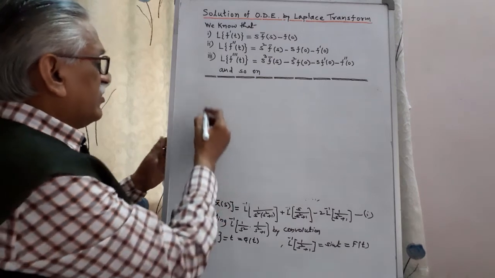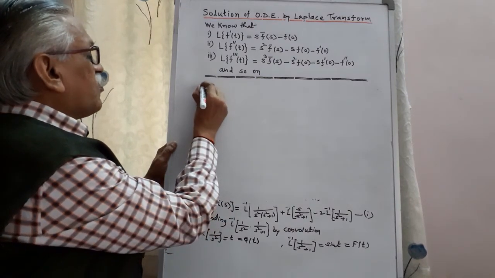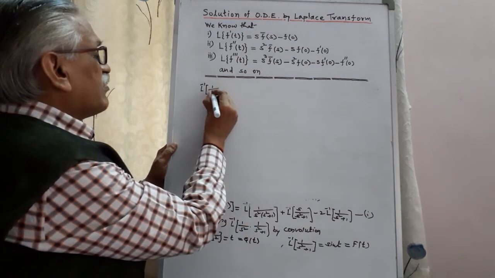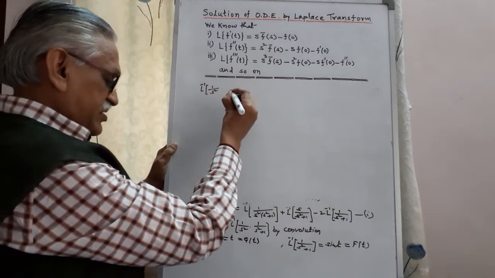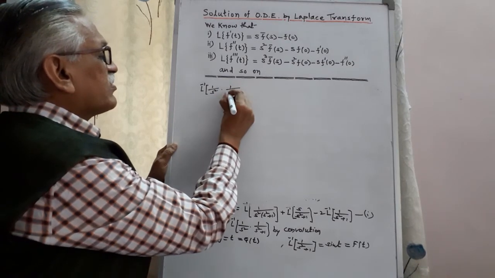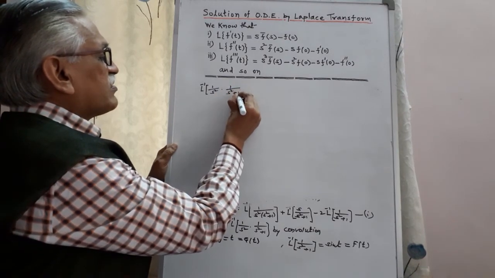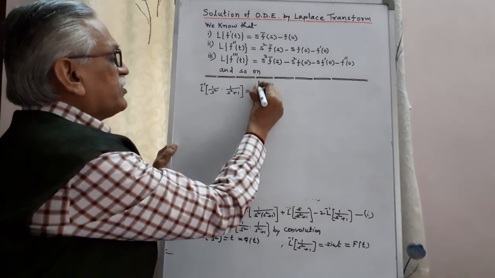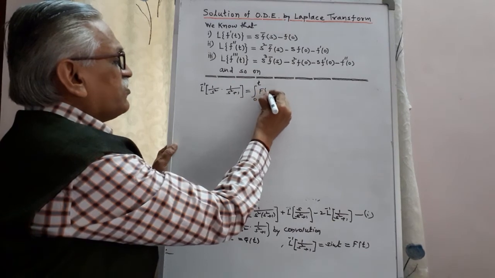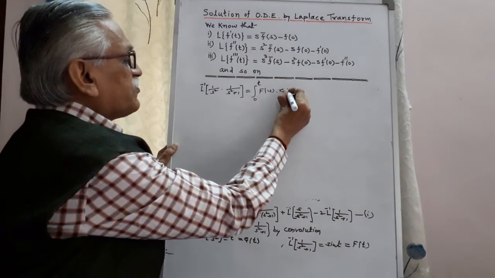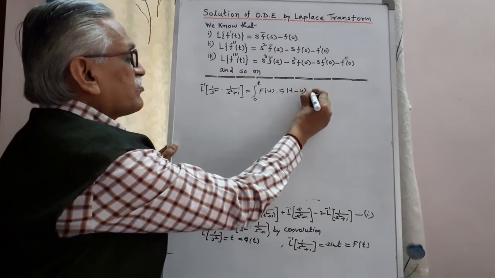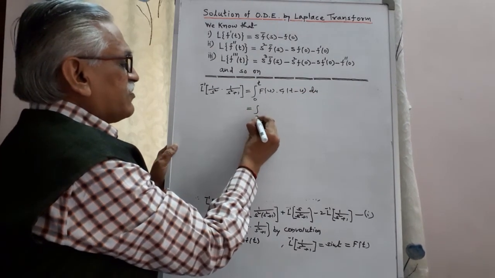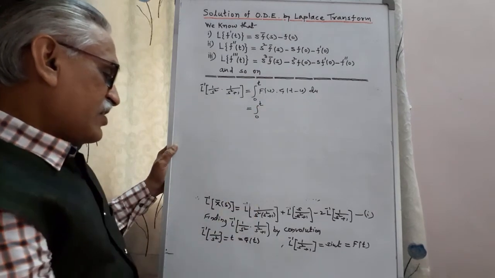Therefore, we have inverse Laplace of 1 by s square into 1 upon s square plus 1. By convolution theorem, it is integral from 0 to t f of u into g of t minus u du, and therefore it is equals to integral from 0 to t f of u.